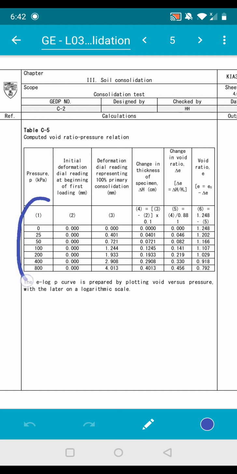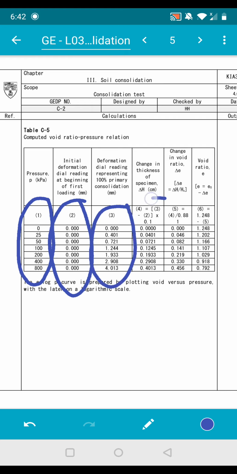Start off with various pressure. You have initial deformation reading, deformation dial reading, and the changes of thickness. This is what you calculated. Each of these pressure will represent the changes in thickness. So try to make sense here.